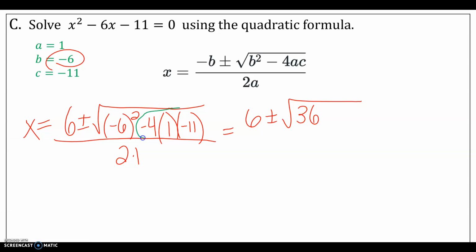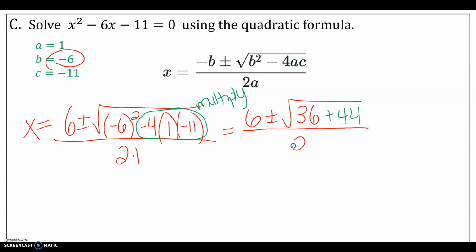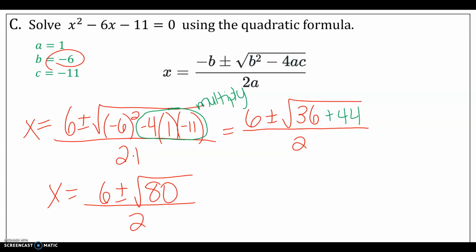And I'm going to actually take the negative this time, and I'm going to multiply. So it's going to be a positive 44 divided by 2. And if I keep simplifying, it looks like 36 plus 44 is a whopping 80 divided by 2.